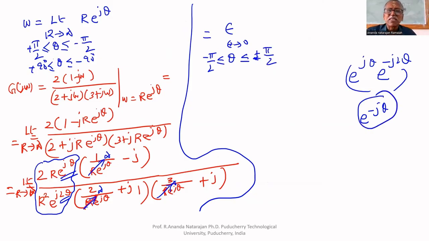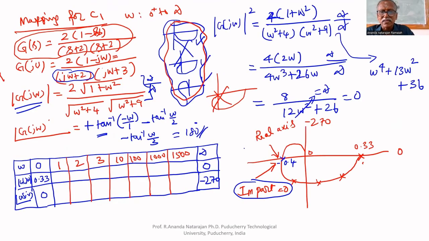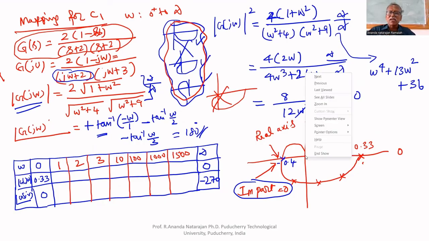But anyhow, epsilon is 0. Its angle varies means that point is rotating like this, from minus pi by 2 to plus pi by 2. That direction is important. But anyhow, the magnitude is 0. That's why it remains at this point, but the angle only varies.